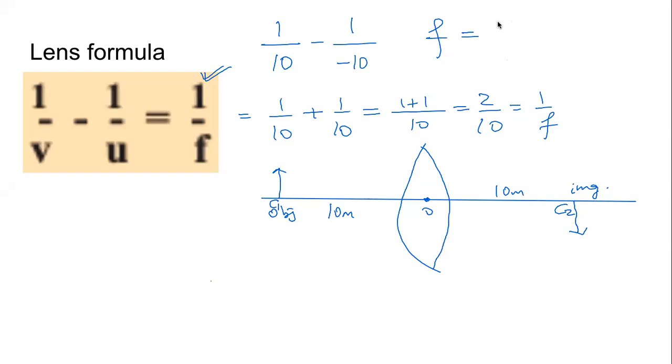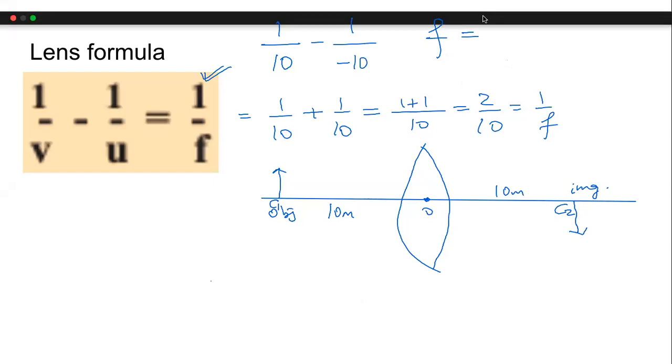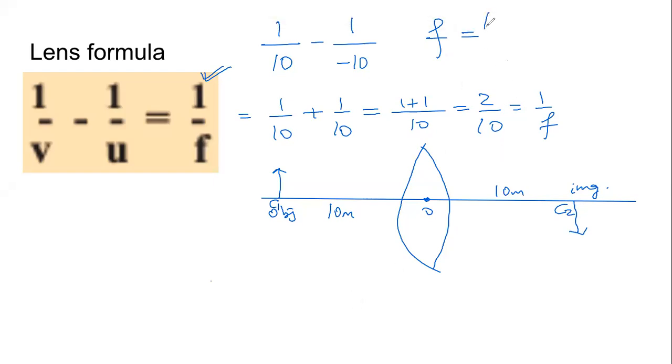So this will be 10 by 2. Be careful. This is where you struggle with maths. 10 by 2. Thank you, Karthik. If 1 by f is 2 by 10, then f will be, what is f? F is nothing but f by 1. So f equals 10 by 2, which is 5.